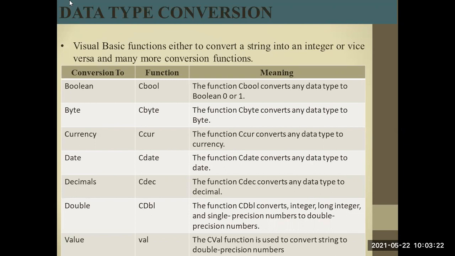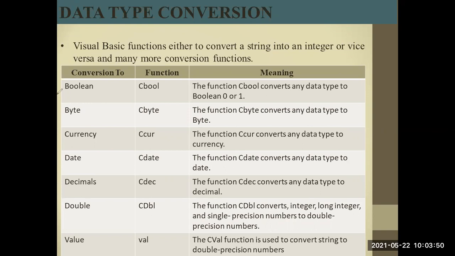It can be either converting a string to the integer type or an integer to the string type. To perform this type of operation, visual programming supports some predefined library functions. So let us discuss some of these predefined library functions.